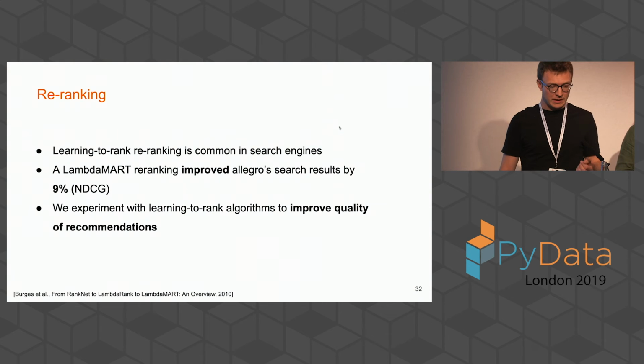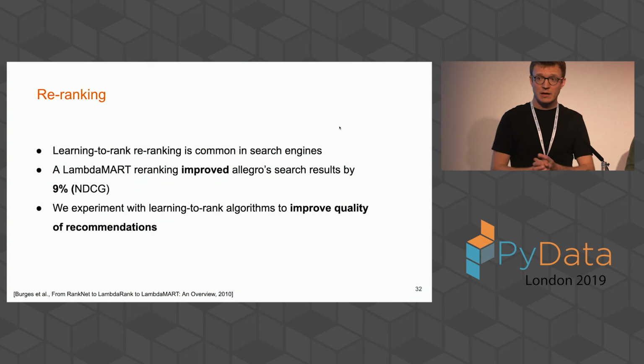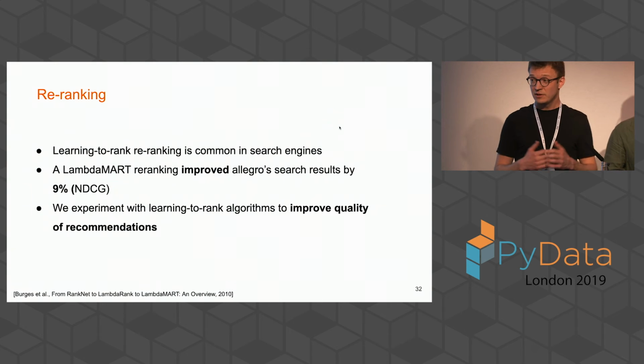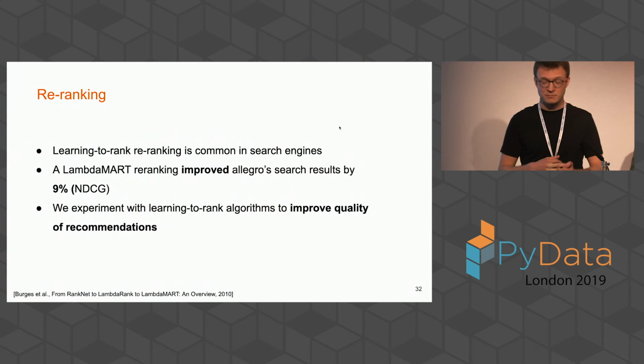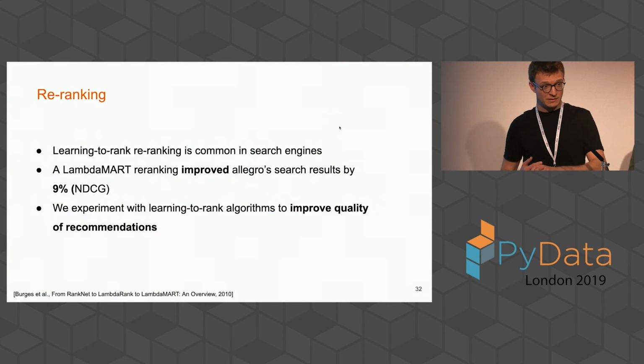Okay, re-ranking is very important in information retrieval. Most of the search engines apply some sort of learning-to-rank re-ranking on top of results returned from, let's say, inverted-list search engines. And in the case of Allegro, learning to rank improves results by 10%. So we wanted to apply the same idea to recommendations.